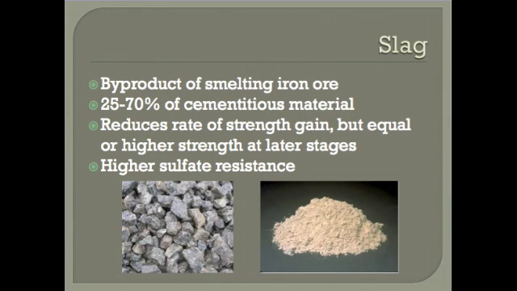However, slag does increase the sulfate resistance of concrete, which can help because pervious, with its high, large pore structure, is susceptible to sulfate attack. These are the three SCMs that are used in pervious concrete, and each one has benefits and problems associated with it.